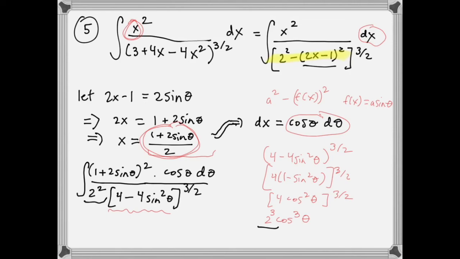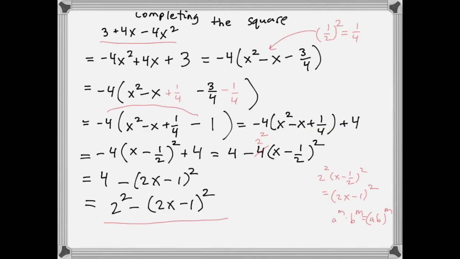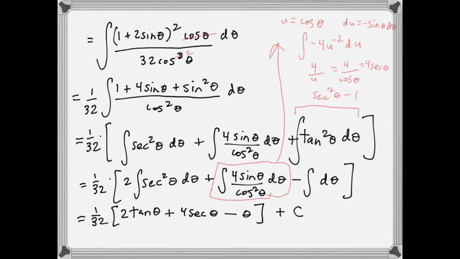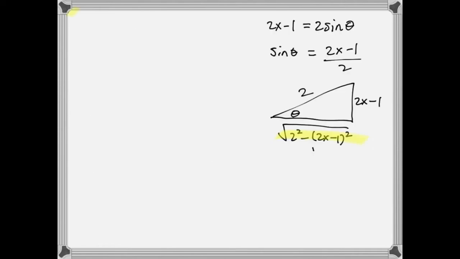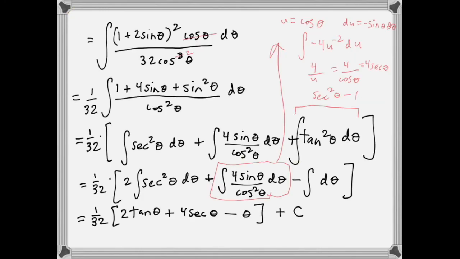But I am going to use this form of it, because that is the form that we were given in the beginning of the problem. So 3 plus 4x minus 4x squared. So I need to translate this, okay?